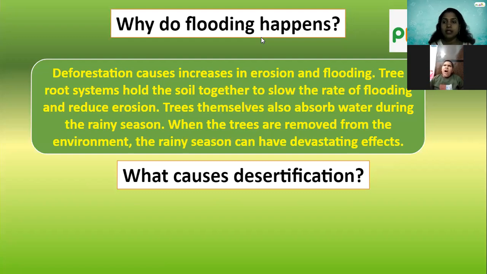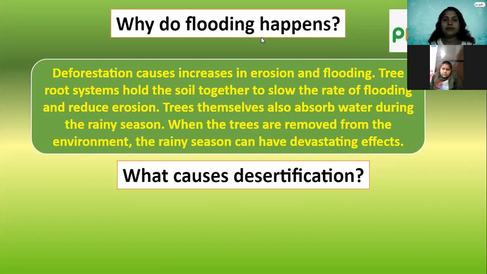Because of agriculture, we want very big land, so that's why we are cutting down the trees. Also poor irrigation practices, deforestation and overgrazing. These are the reasons we are destroying the forest.